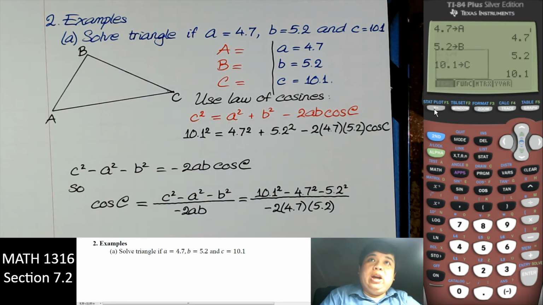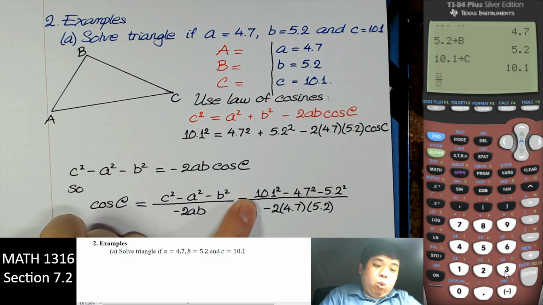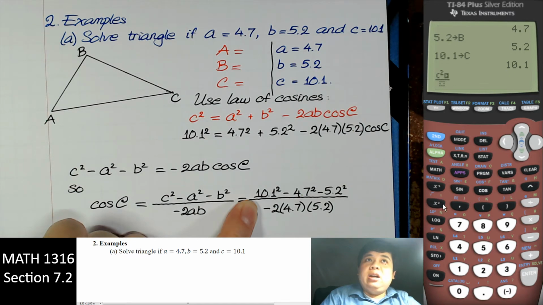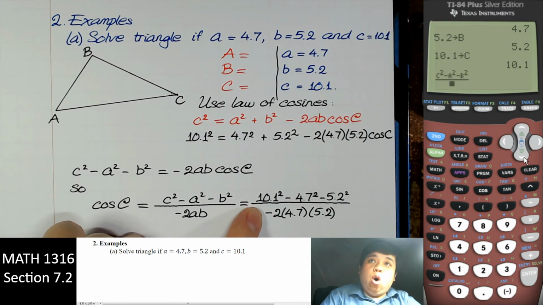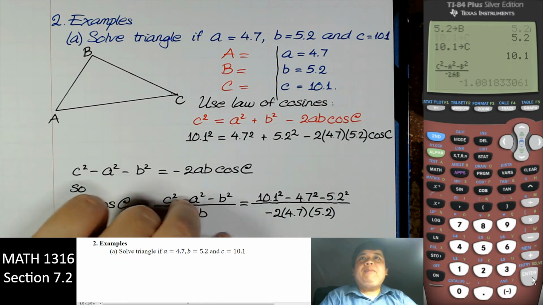Alpha Y equal to, right, we have alpha C squared minus alpha A squared minus alpha B squared over negative 2 A B.